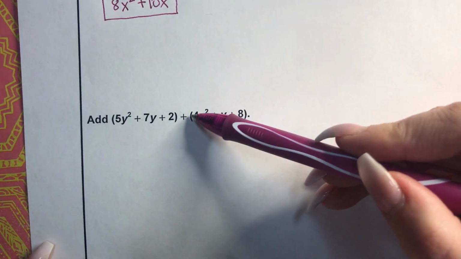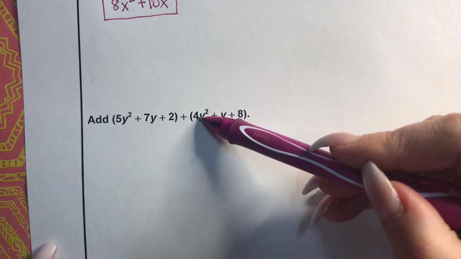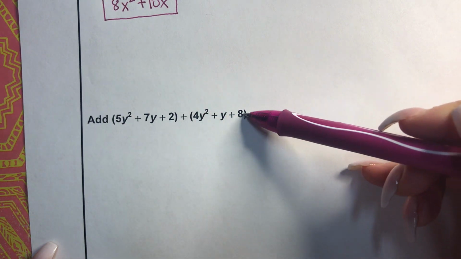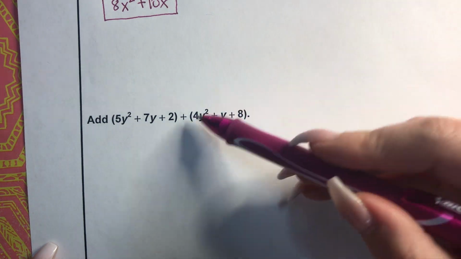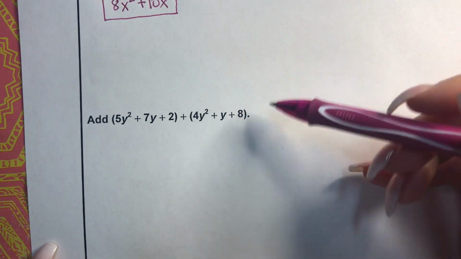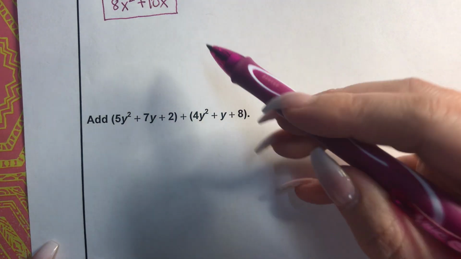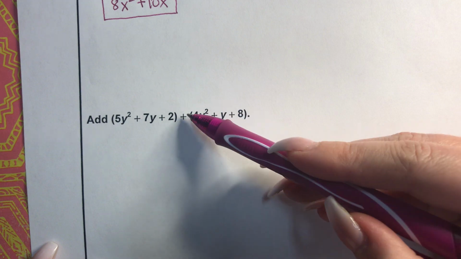And the reason why is if you distribute this plus sign, a plus times a positive is just going to be a positive. So all the signs remain the same if you were to distribute that positive to everything in this group. So the moral of the story is when you see that plus sign and there's no number here, see how there's no number? There's a 1, right?